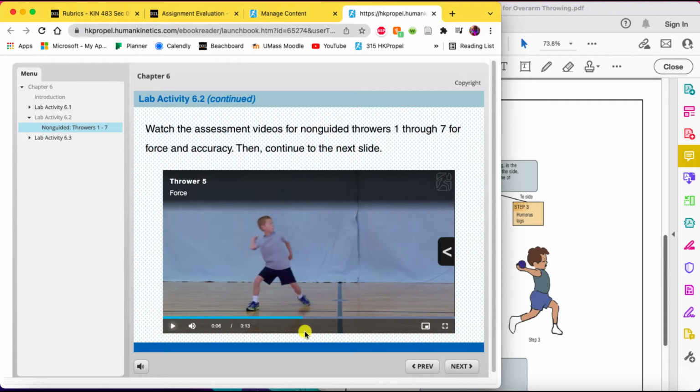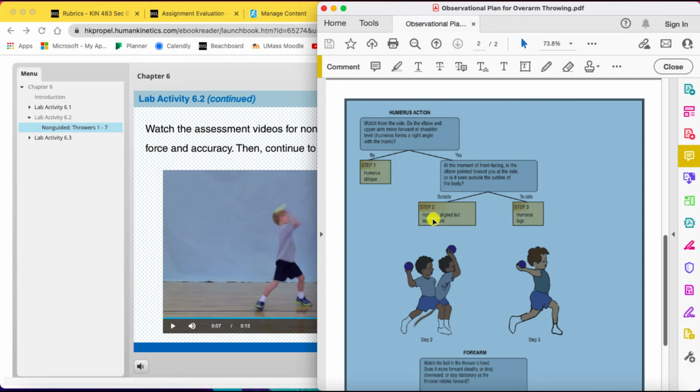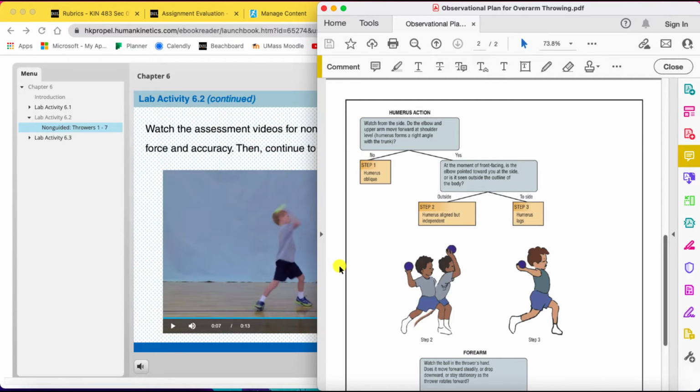Okay, so we'll slide this until we get to front facing, where his shoulders would be square to his front, directly this way. From here we notice his elbow is pointing forward, so that would be outside of the outline of his body, right? And that's how we end up getting a step 2, that his humerus is aligned, but it's moving independently.